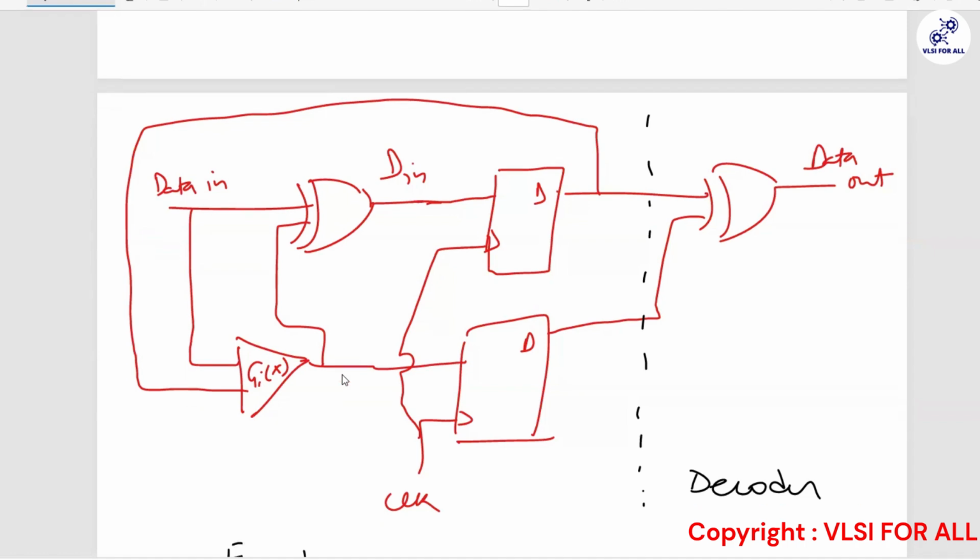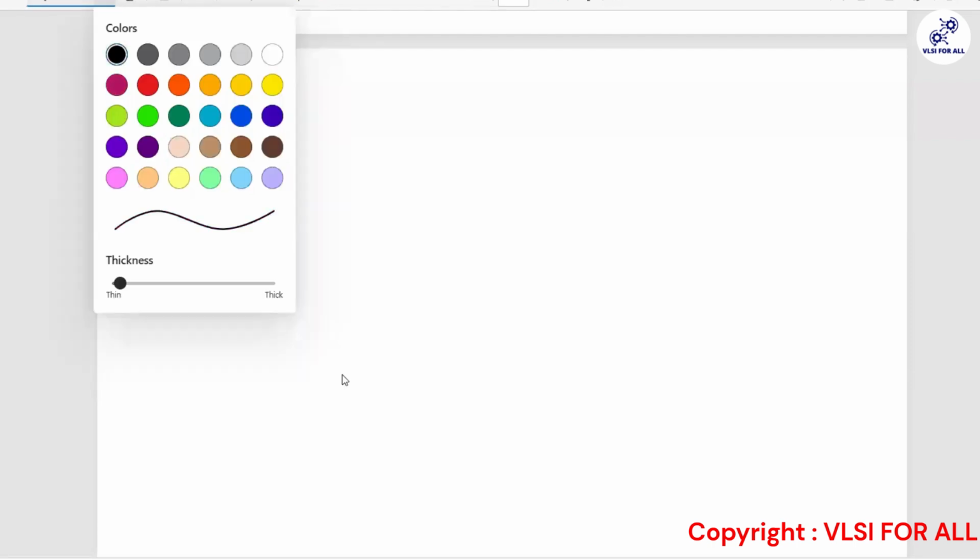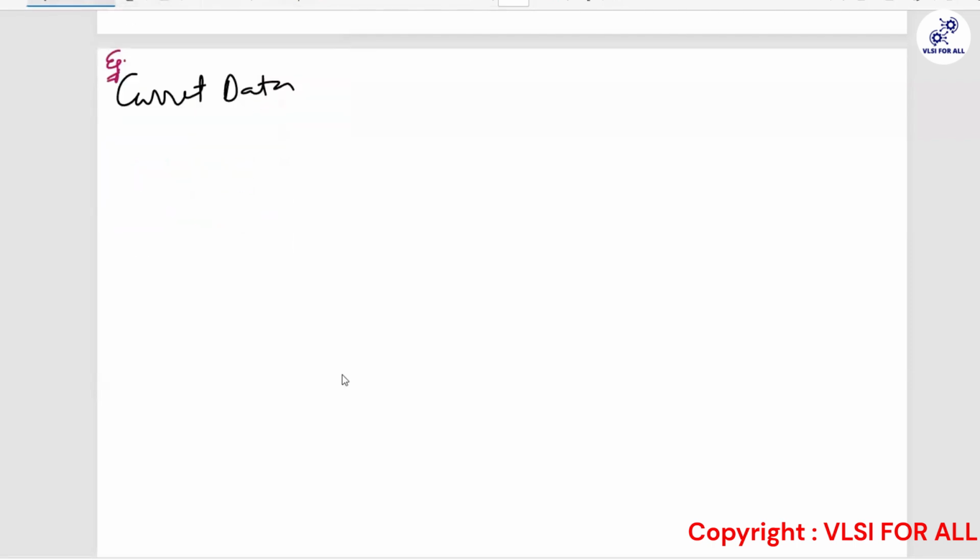So let me take this example. Let's say the current data on the bus is 8 bits of 00000000.